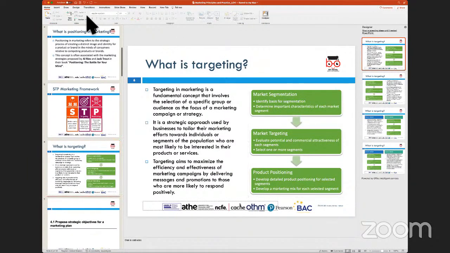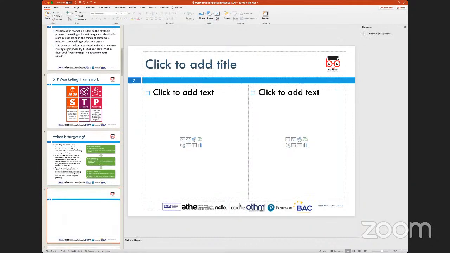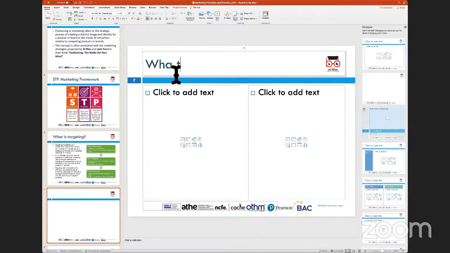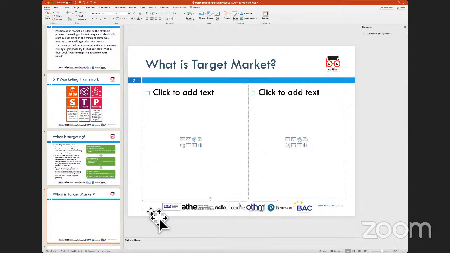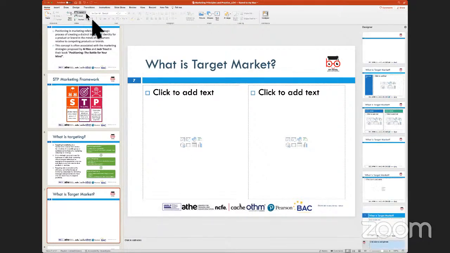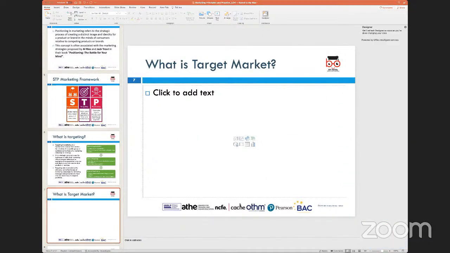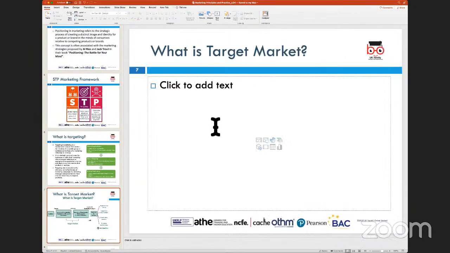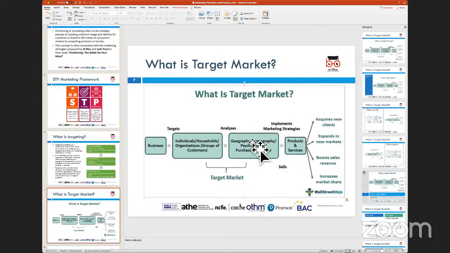Now, one other thing which I'll throw into the mix is, what is a target market? The reason I want to put this across is because it will make it, hopefully, clinically clear for us to be able to develop a plan. When we talk about a target market, what we are essentially talking about is all these three things put into a particular, let's say, action.